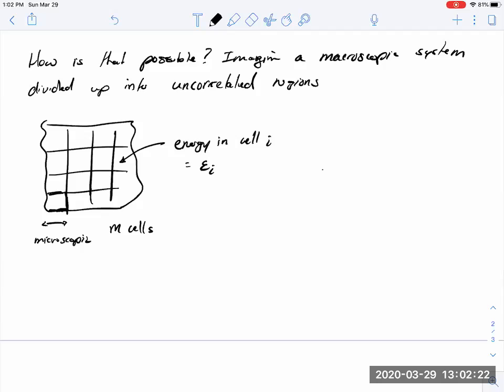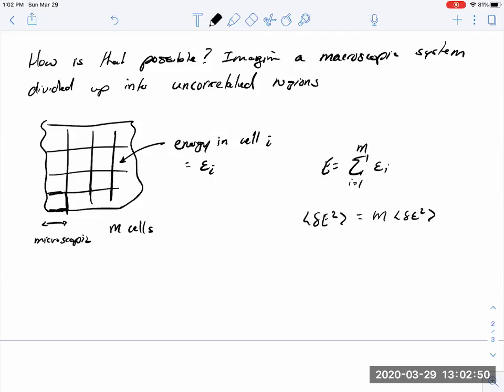Okay, so if we wanted to, for example, compute the total energy of the system, I would just need to sum over all of the cells the energy in those cells. And if all those cells are uncorrelated, you all know immediately what the mean squared fluctuations of the energy are going to be: just the number of cells times the mean squared fluctuations of one of the cells.